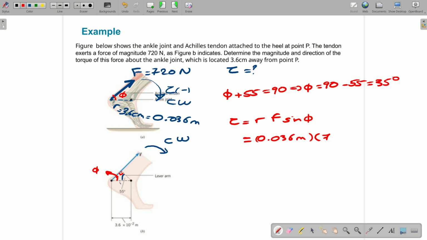F is 720 Newton times sine of phi, which is 35 degrees. And after I do that, I will get a value of tau as, let me see if I have that here.